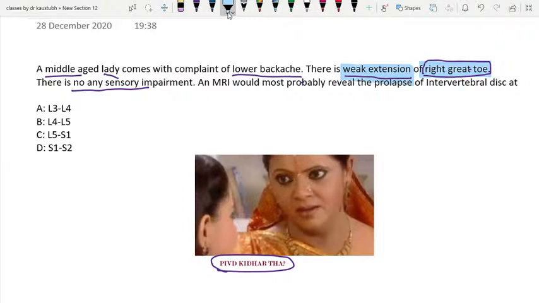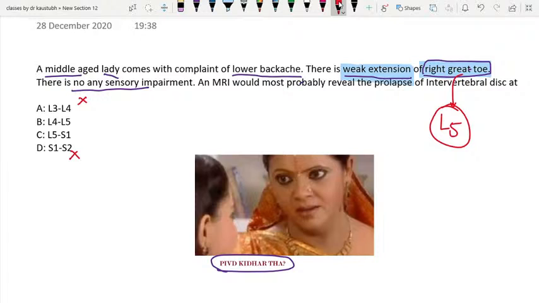So the right great toe means L5. I am thinking this is possibly a lesion involving spinal nerve L5. Now they are asking the levels. L3-L4 and S1-S2 won't involve L5, so the two options are L4-L5 and L5-S1.